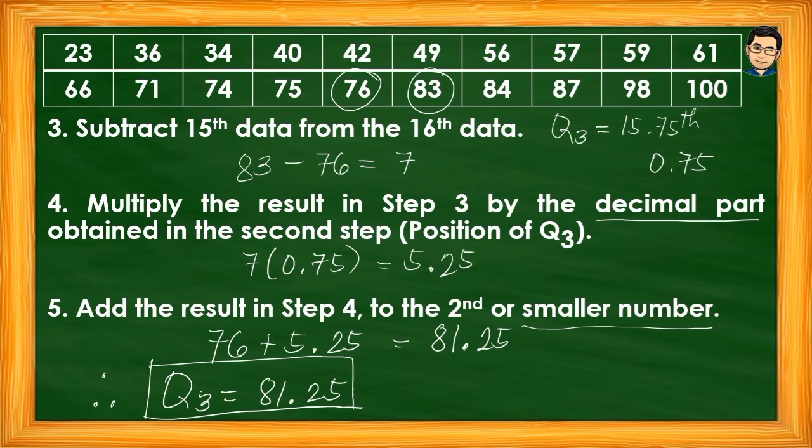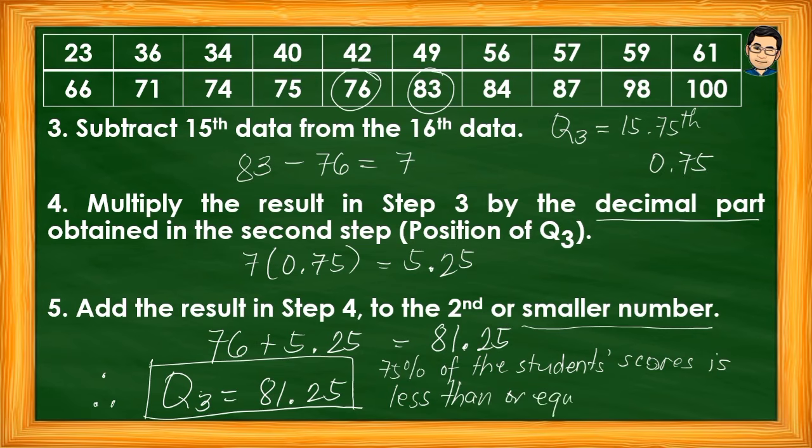So, sulat natin. So, 75% of the student scores is less than or equal to 81.25.